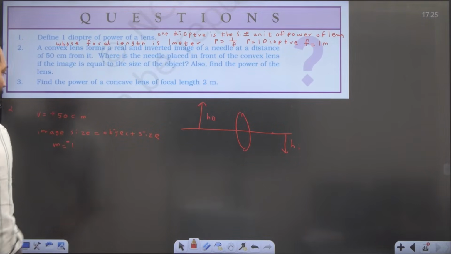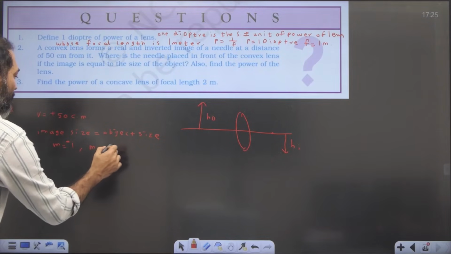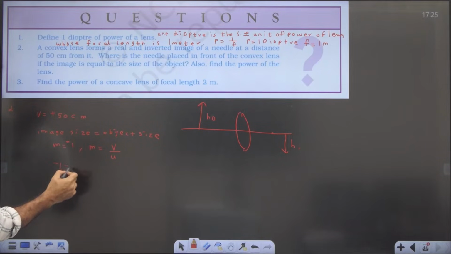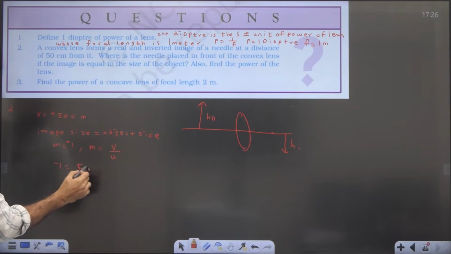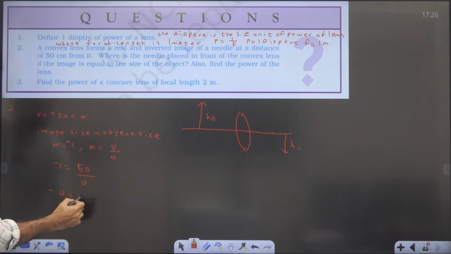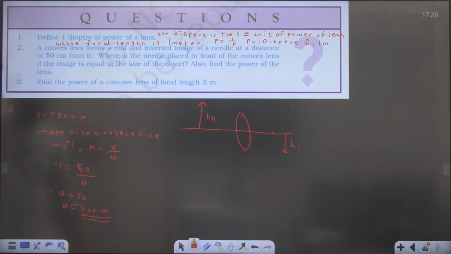Magnification in lens formula is V by U. So minus 1 is equal to plus 50 divided by U. So U is equal to minus 50 centimeter, the object distance.